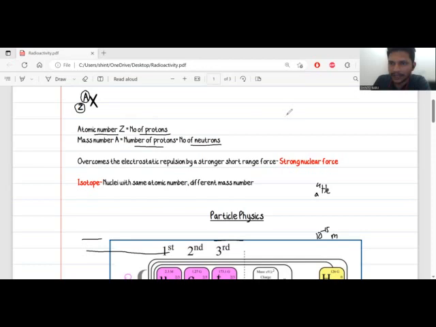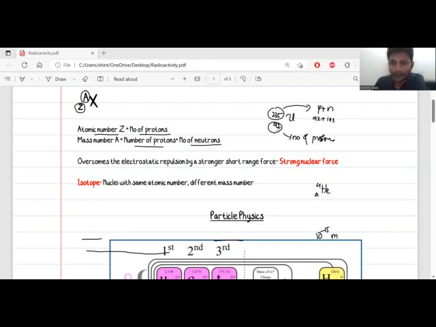For instance, if you take a uranium atom, 92, 235, this 92 indicates the number of protons. 235 indicates the number of protons plus neutrons, that is 92 plus 143 gives you 235. And these kinds of questions appear for 1 mark.